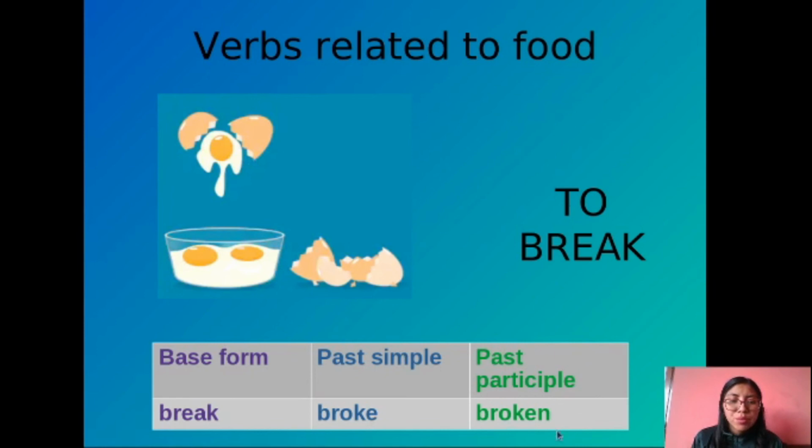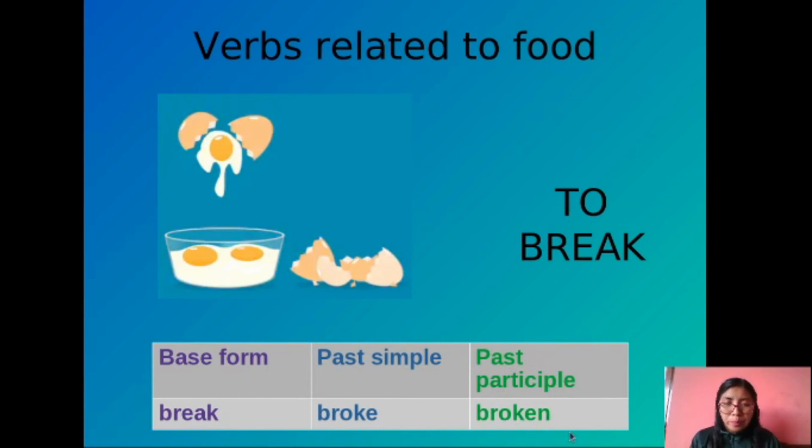And broken, remember, we are going to use the past participle in some tense, like passive voice. We'll review the past participle form of the verb with passive voice. For example, the eggs were broken by Anna. Okay? Also, you can use it in other tense, but we only review passive voice.